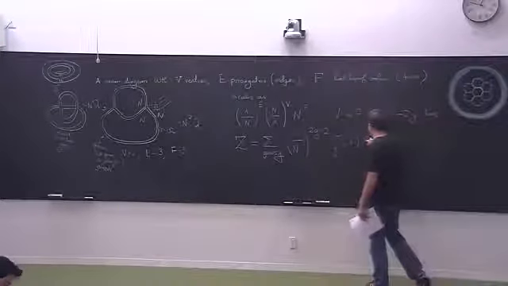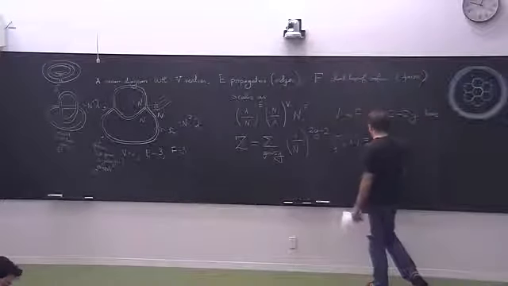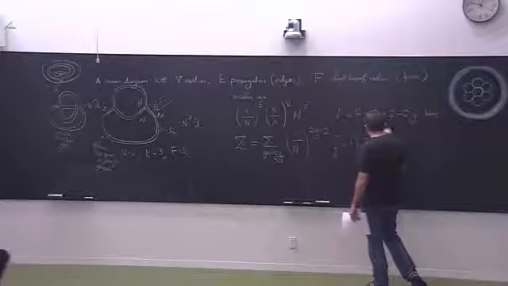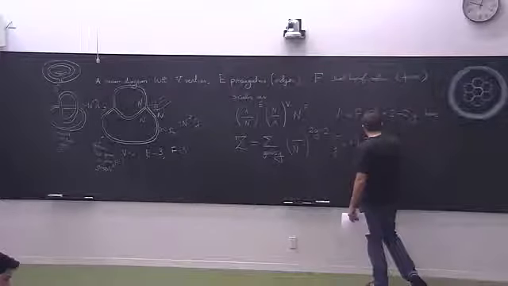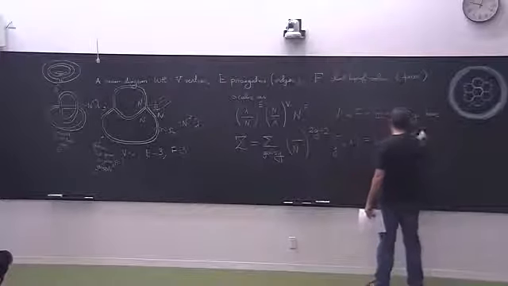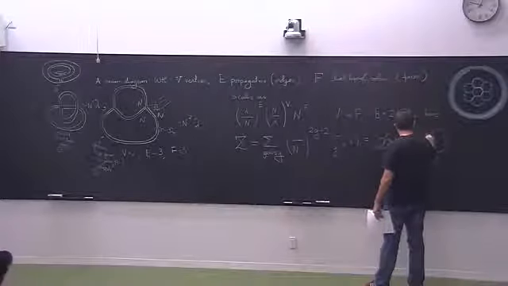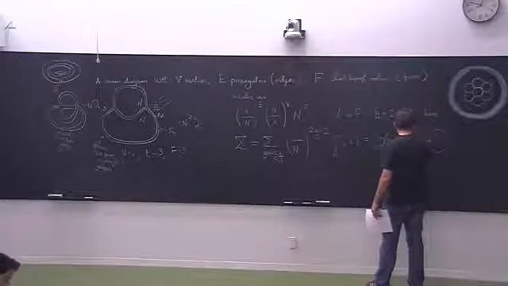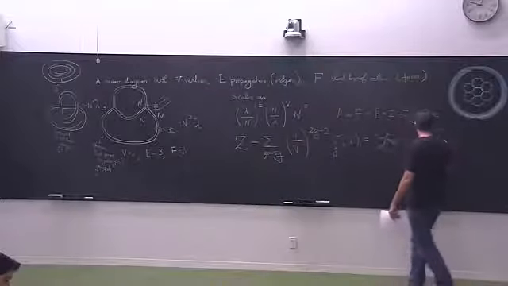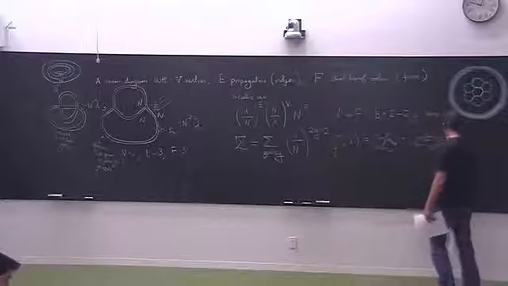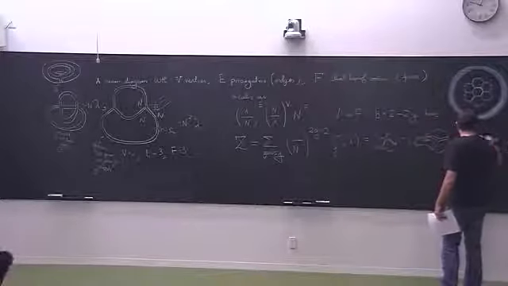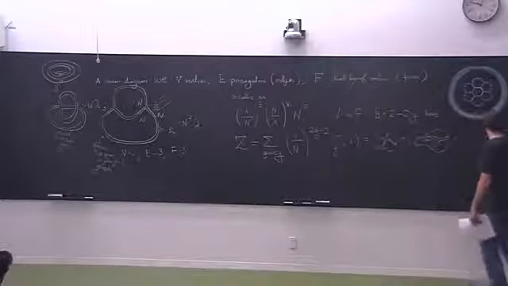So pictorially, we say that we are summing vacuum diagrams. We sum all the diagrams that I can draw on a sphere, plus all diagrams that I can draw on a torus, plus all diagrams that I can draw on a genus 2 torus, and so on and so forth.